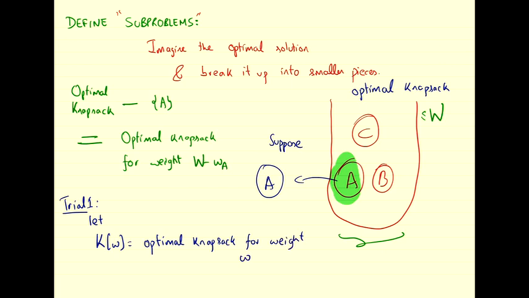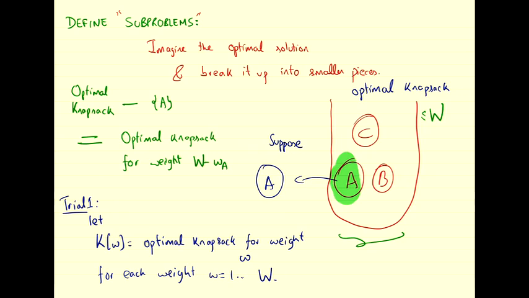And you can try to define this for each weight w equal to 1 through capital W, okay? This seems like a reasonable subproblem. And you can try to write a recurrence relation with this. Okay. Is there a question here?